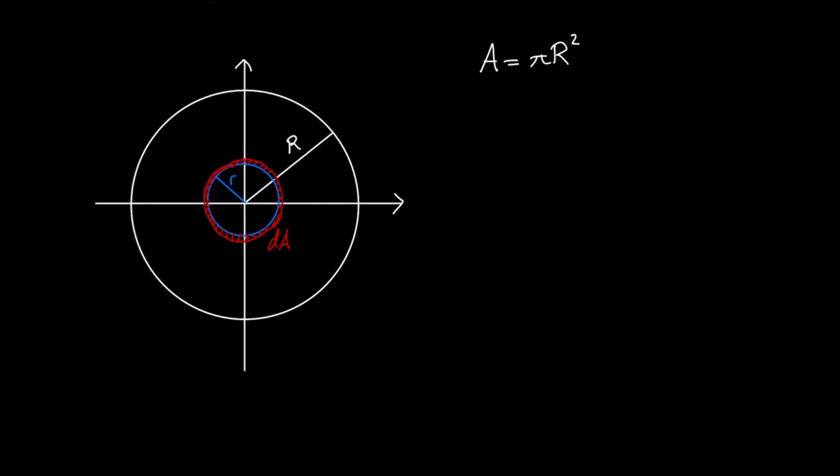And to calculate the area of a circle, we're going to integrate over these area elements, where integration is this mathematical formalization of this idea of a continuous sum. So we're going to determine this area via a continuous sum of area elements.